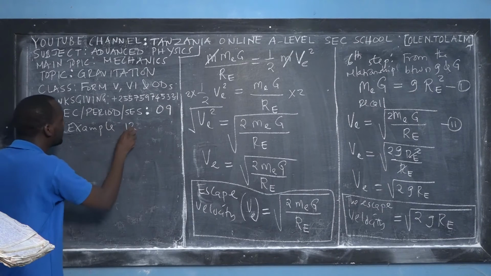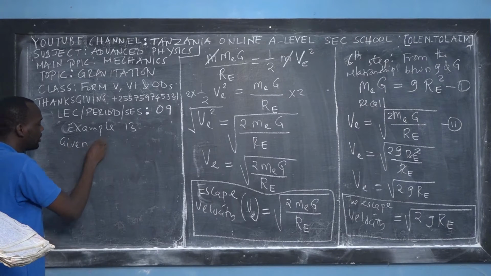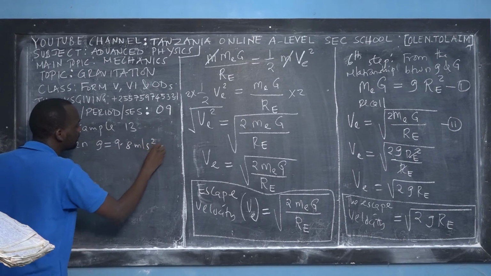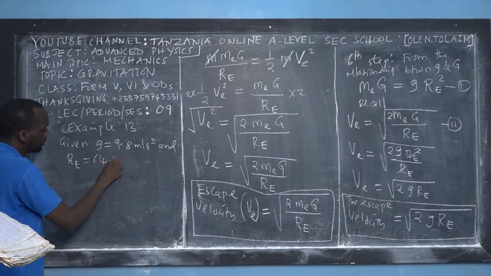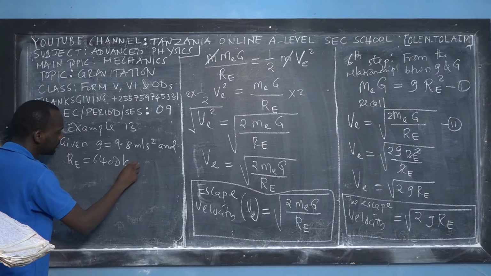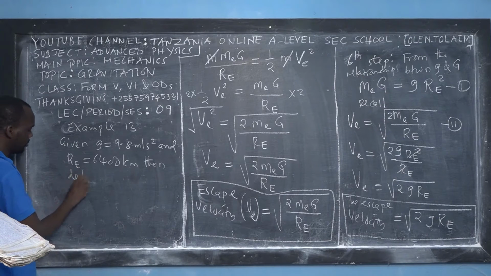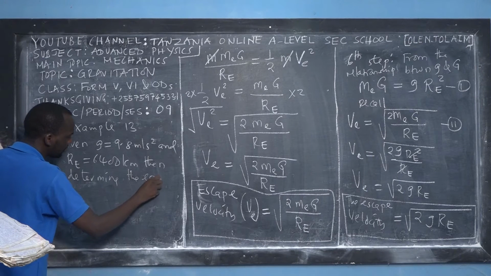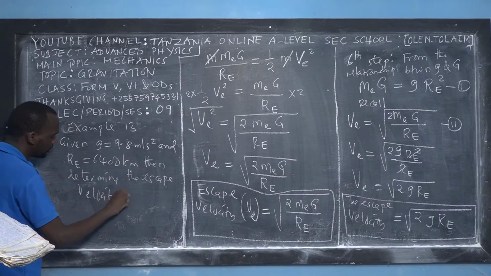So this is, let's say, example 13: given the value of acceleration due to gravity is 9.8 meter per second square, and also given the radius of the Earth is equal to 6,400 kilometer, determine the escape velocity. Very simple question. Escape velocity of the body.